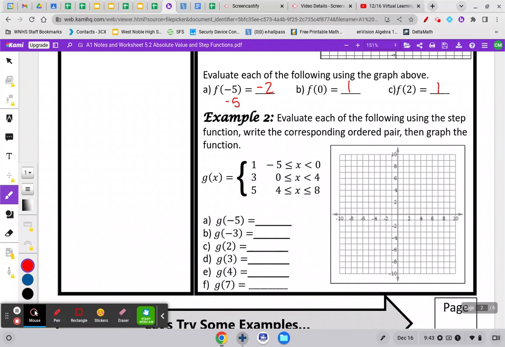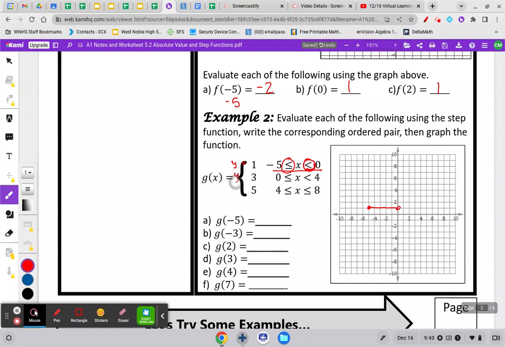I find that easier because these I know are all just like y equals 1, and here is my domain for that. So I know at y equals 1, it includes the number 5. So I'm going to make a horizontal line at 1. And then it goes to 0, but it does not include 0. So it includes negative 5, but not 0. So there's one of my steps.